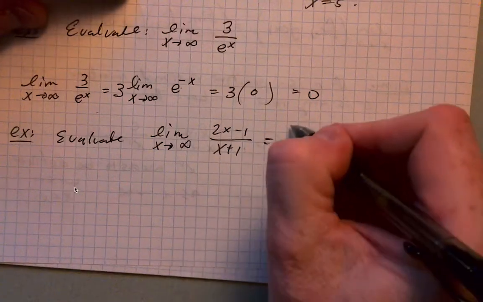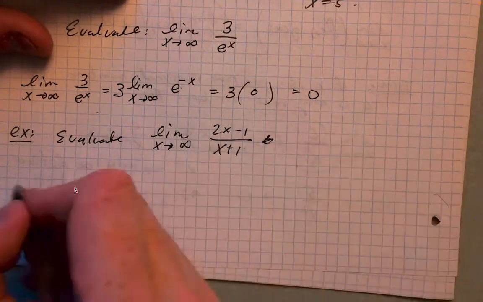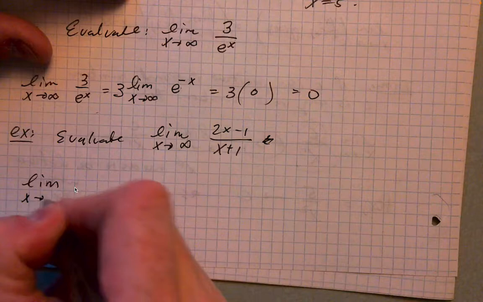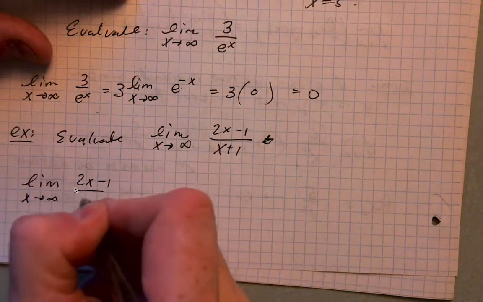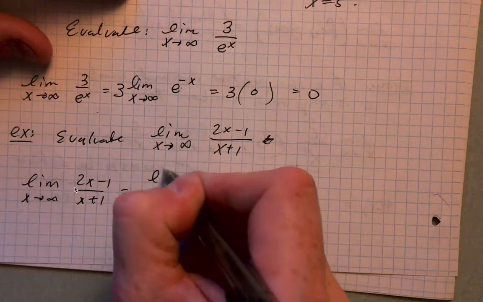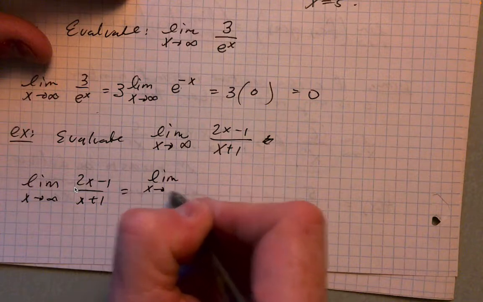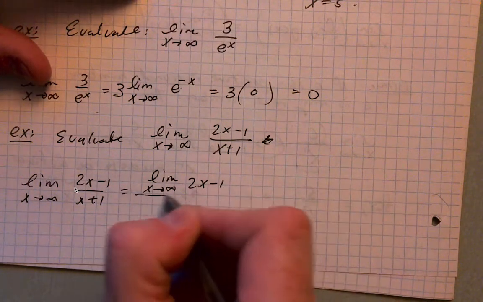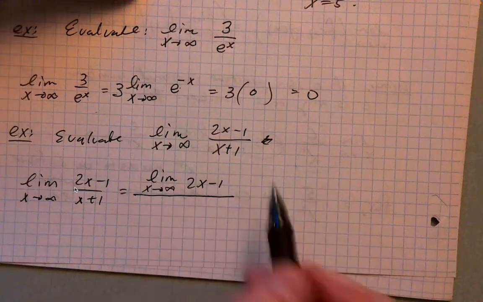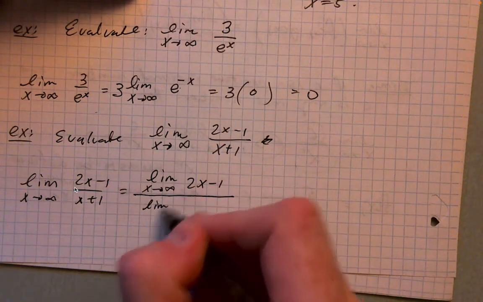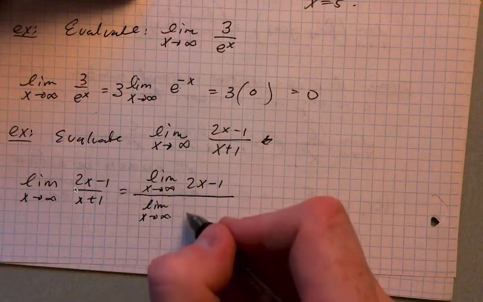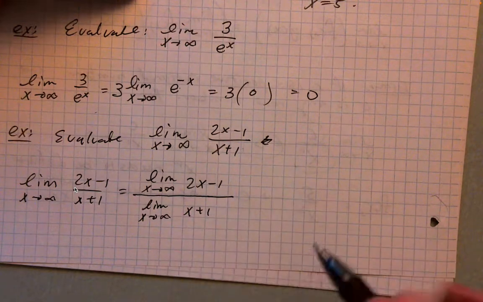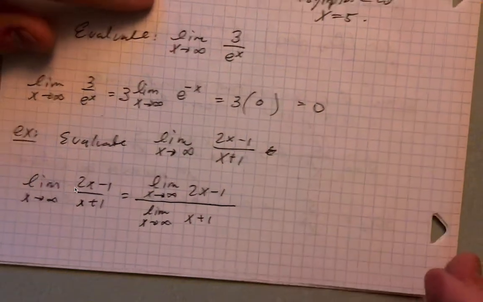Okay, and we could think of that as being kind of like this, right? You've got the polynomial on the top, and that's going to have its own limit, and then you've got the polynomial on the bottom, which is going to also have its own limit. Right, now what are those limits going to look like?